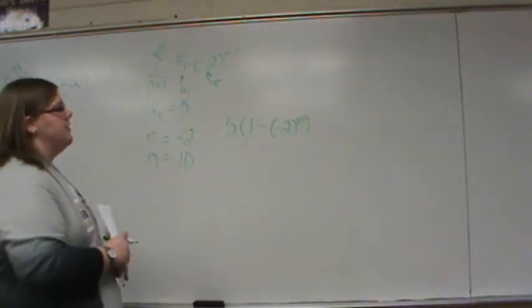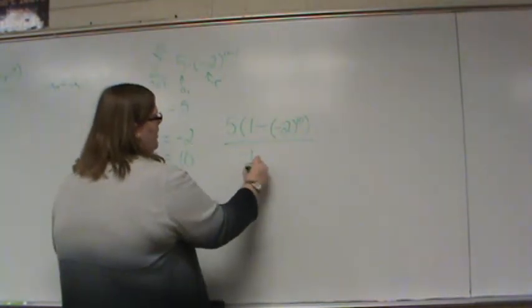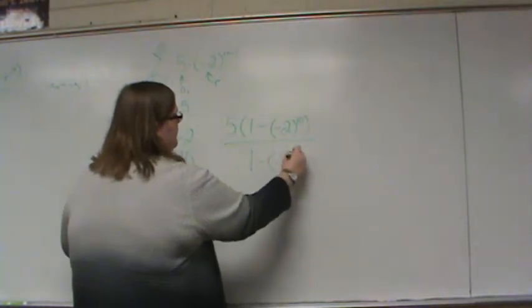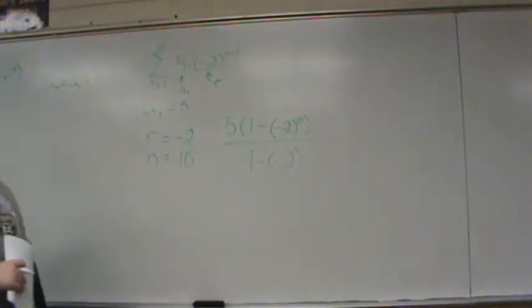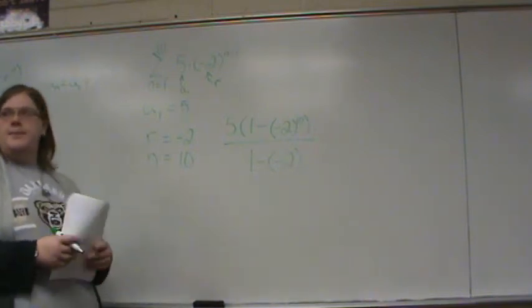So make sure you're using parentheses. And then that's all over 1 minus the negative 2. Again, you should be able to plug that into your calculator exactly as it looks right there. So when you plug this into your calculator, what are you guys getting?